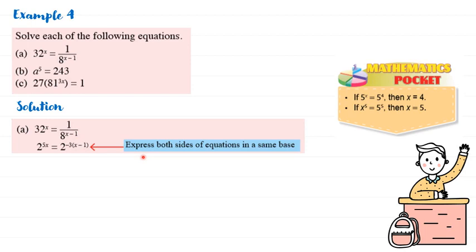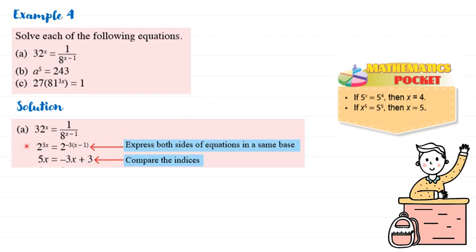Then 5x, you have to refer to this kind of situation. If we have the same base, which is 5, and we want to find the value of x, you just take x is equal to 4.